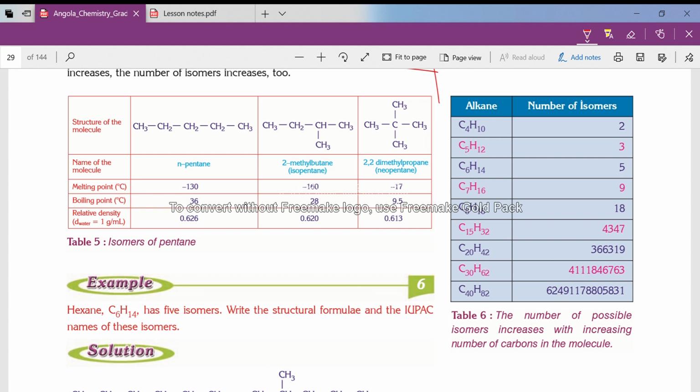I think that's it for isomers, and I hope you guys have got the general idea. So isomers are organic compounds with the same molecular formula and different structural formulas. The difference is in the structure, but they have exactly the same number of atoms.